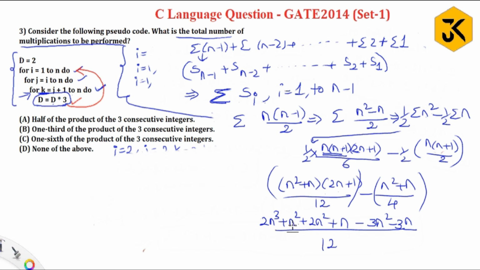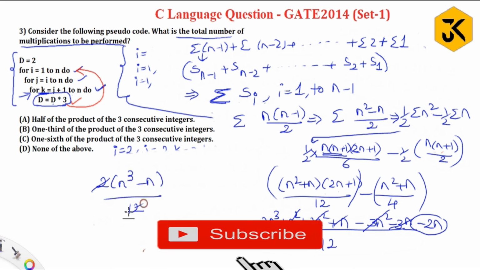Let me solve. N square plus 2n square is 3n square, 3n square minus 3n square is cancelled. Next, n minus 3n you will get minus 2n. Let me take out the common number 2. If you take common number 2, you will get 2 into n cube minus n by 12. 2 ones are 2, 2 sixes are 12.